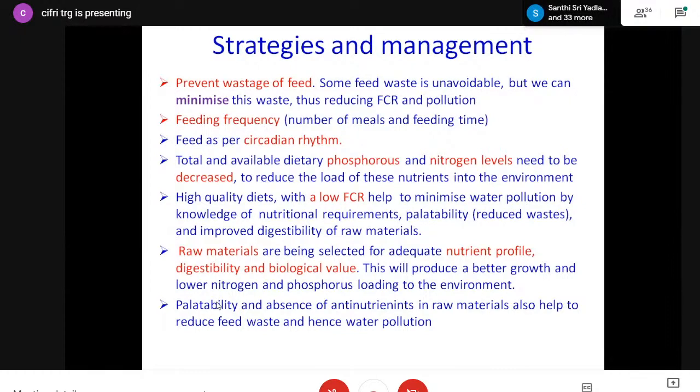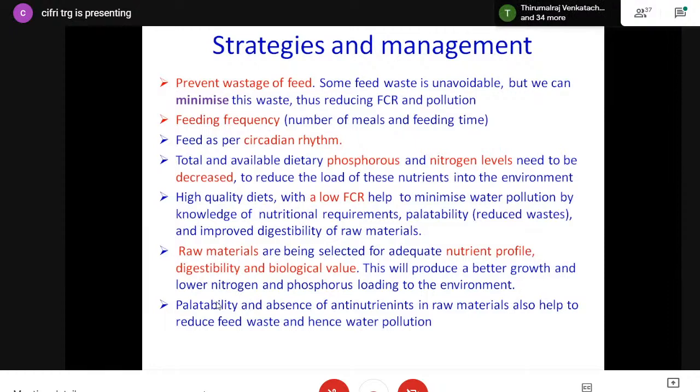One-time feeding is a practice, but we have observed that there is a delay in consumption, and if it is delayed, then there will be nutrient leaching and the growth is poor. If we split the total ration and give it at different times, there is better consumption, less nutrient leaching, and better growth.